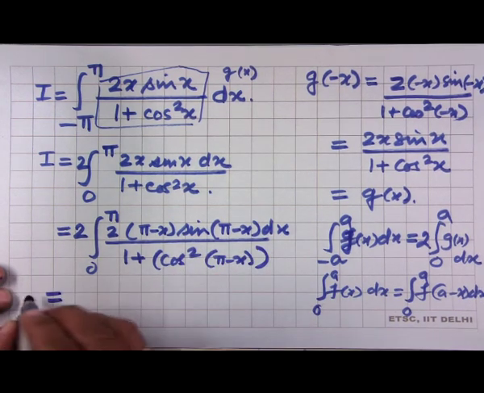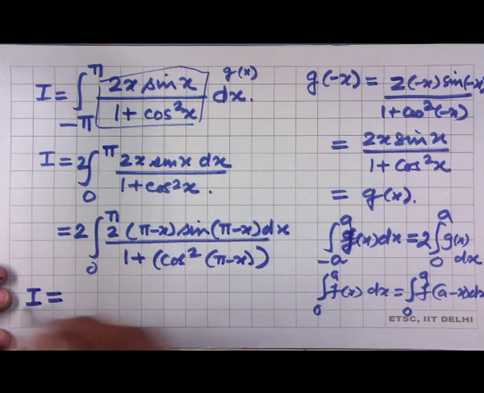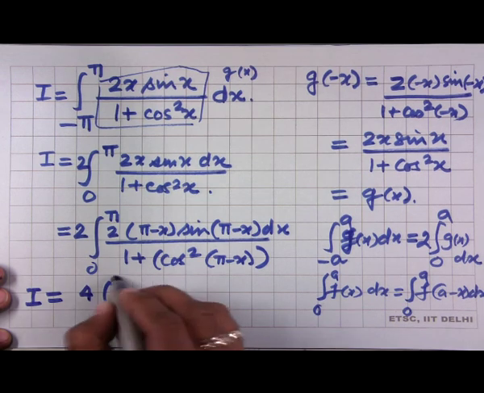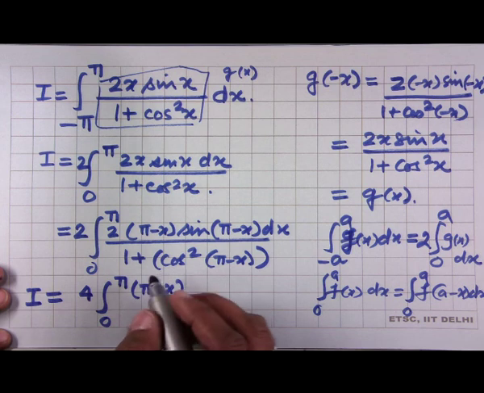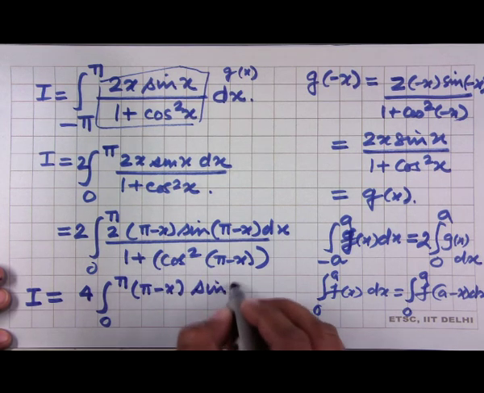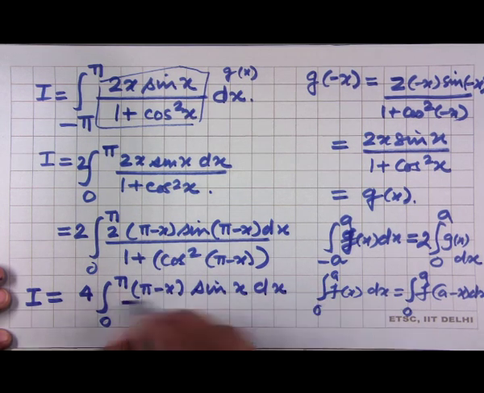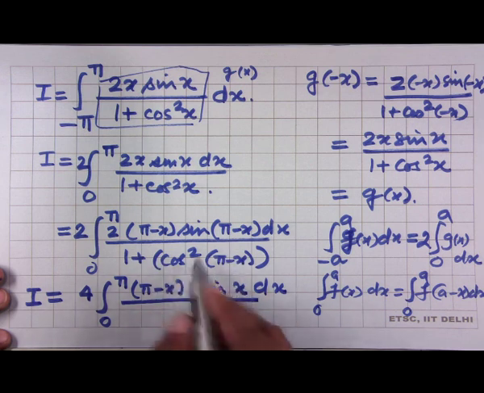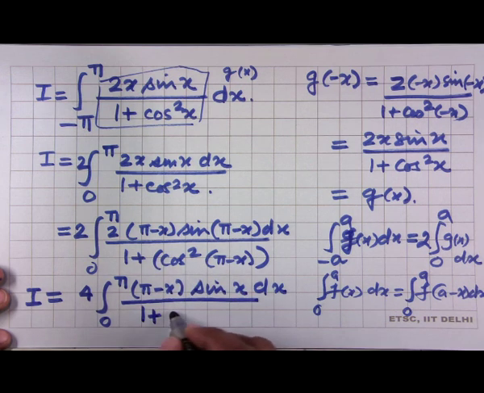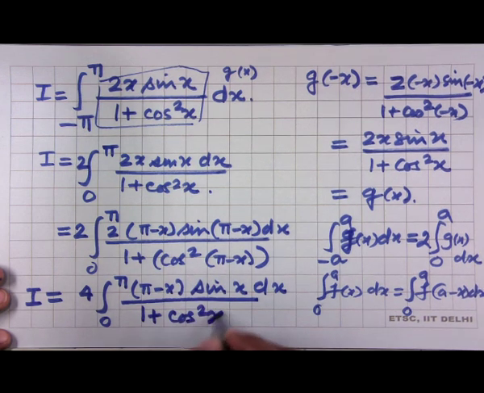We get I as 4 times the integral from 0 to pi of pi minus x, where sin pi minus x is sin x and cos pi minus x is minus cos x, but since it is a square, you will get again cos square x.